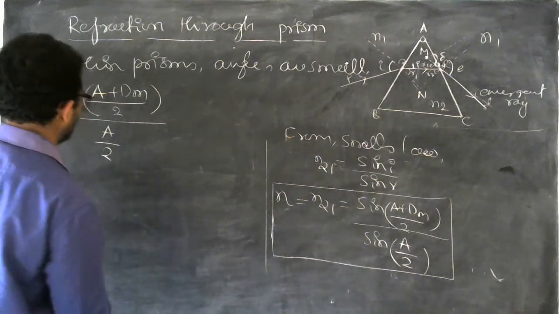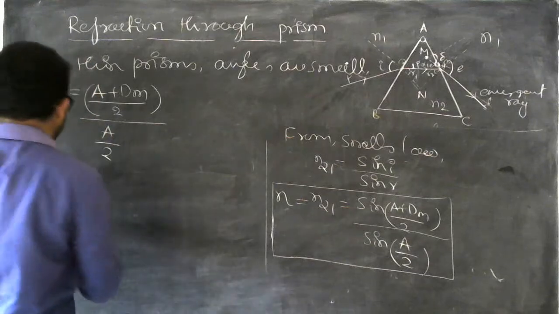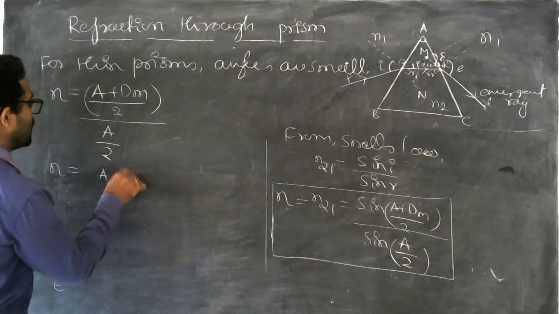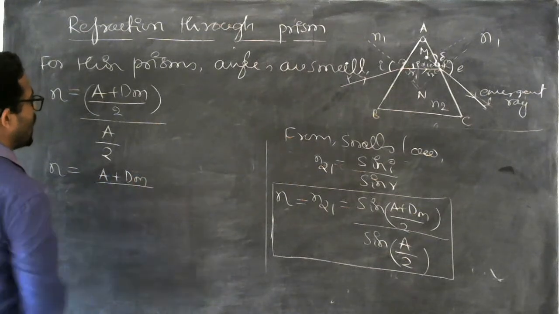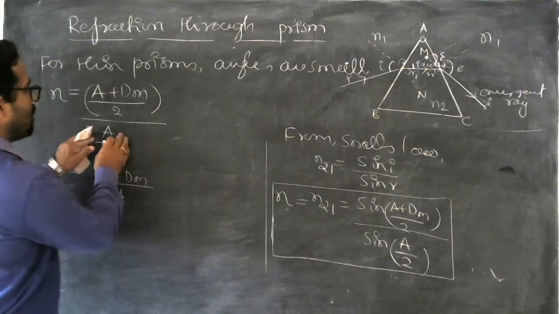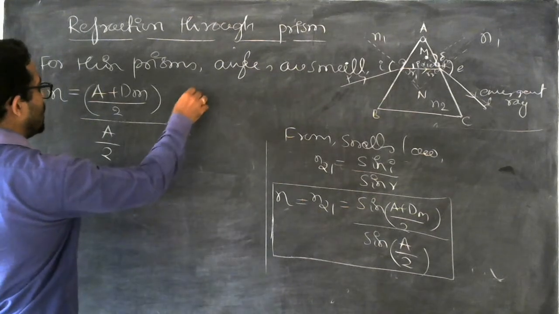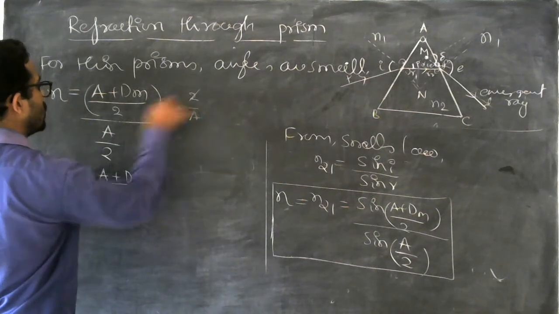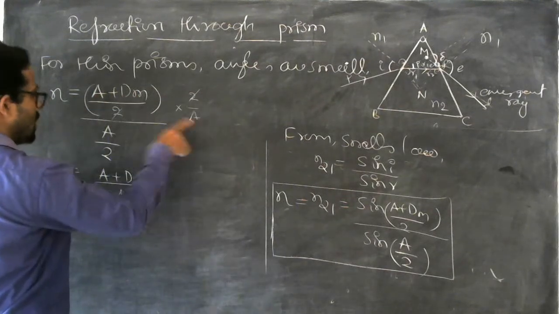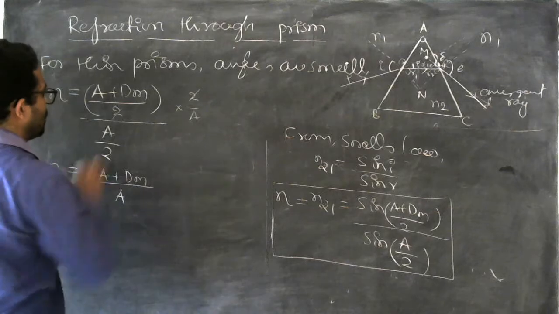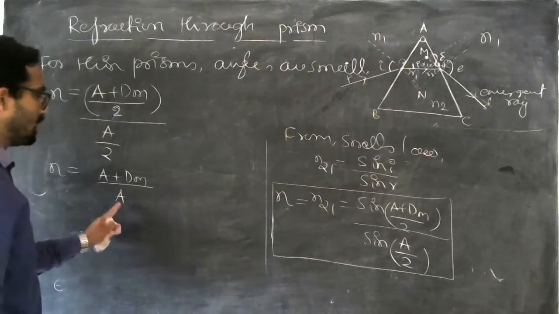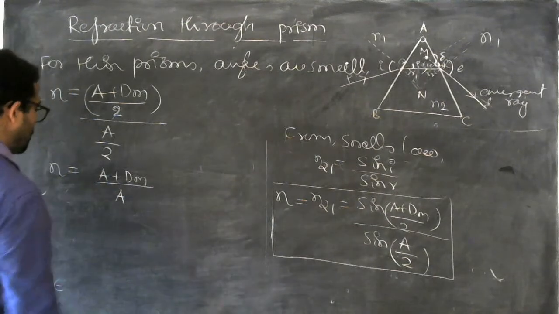Let us invert this, so n is equal to (A plus dm) by A. If we invert this, you can write 2 by A, so 2 cancels. You are left with (A plus dm) by A. That's what I have written.